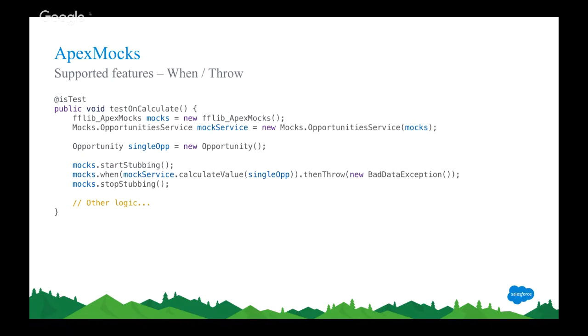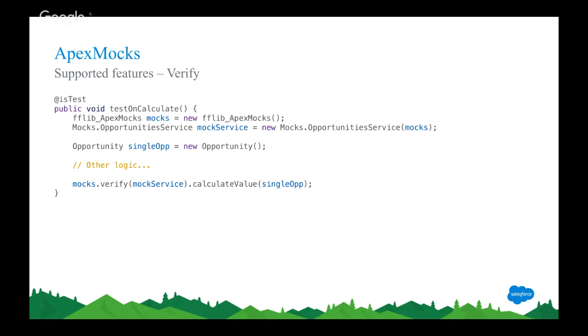We also have a verify call, so think of this like an assert statement. It's going to assert that the mock service's calculate value method is called with the parameter of single op. If it isn't called with that parameter, it'll actually throw an assert exception. Now this method does have overloaded values, and you can specify multiple calls.